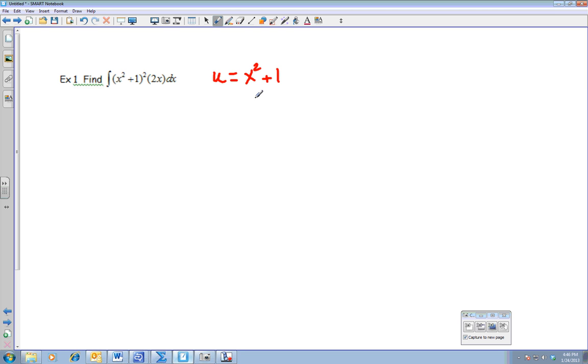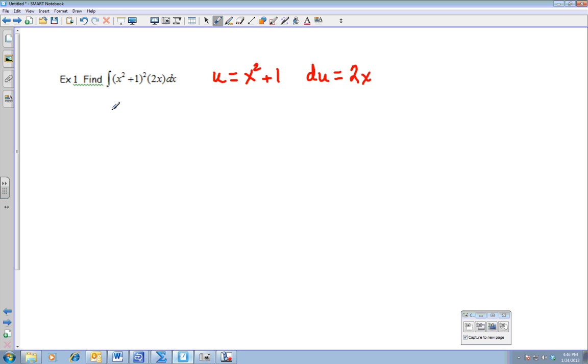Now, anytime I write down a u, I have to also write down the derivative of u, and that's what du will stand for. So the derivative of my u is 2x. Now, going back to the theorem, it said if I substitute u in, I have to have the du next to it. And I do. It's right there.